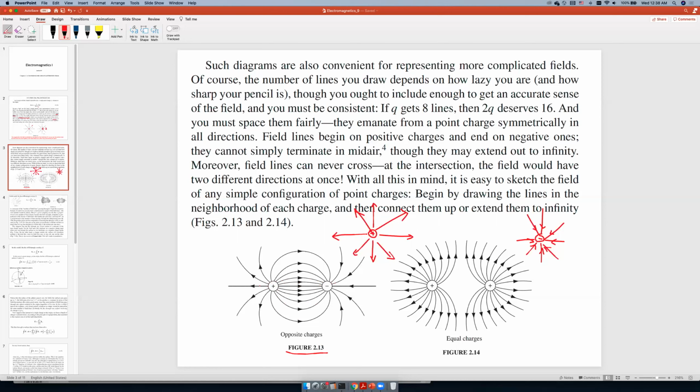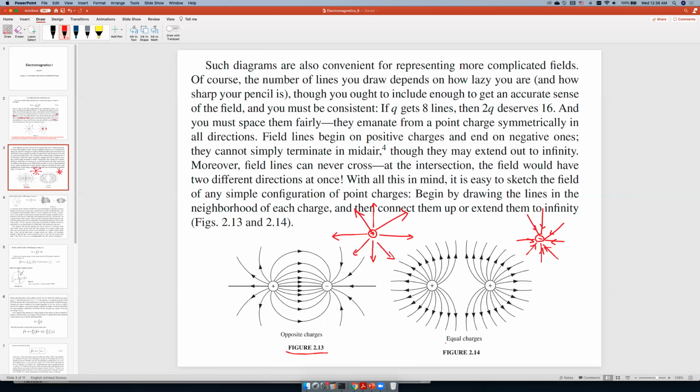A positive charge has some field lines going to the negative charge and some other field lines going to infinity. For the negative charge, some field lines come in from the positive charge and others come from infinity. So this is for opposite charges.